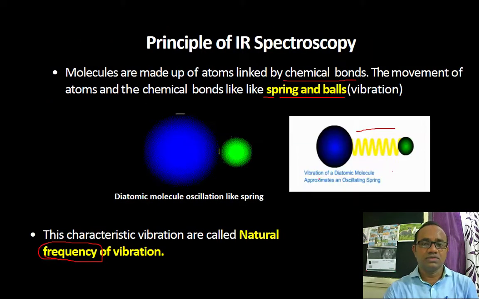In IR spectroscopy we use the frequency of vibration of a bond, and if that frequency matches the natural frequency, then the molecule can absorb the infrared light, and that infrared light can be detected and recorded, and the results are displayed. So this is all about IR spectroscopy.